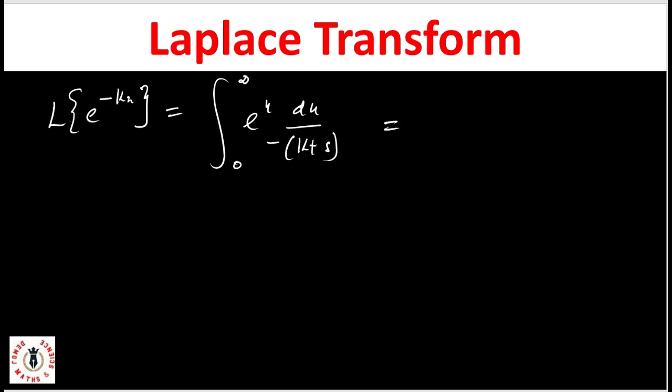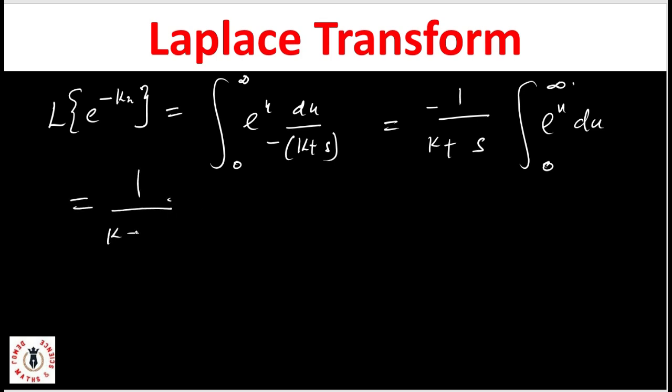So this is the same thing as minus 1 over (k plus s) times the integral of e raised to power u du, ranging from 0 to infinity. Obviously, this is minus 1 over (k plus s) times e raised to power u, because the integral of e raised to power u is e raised to power u. It's going to range between 0 and infinity.